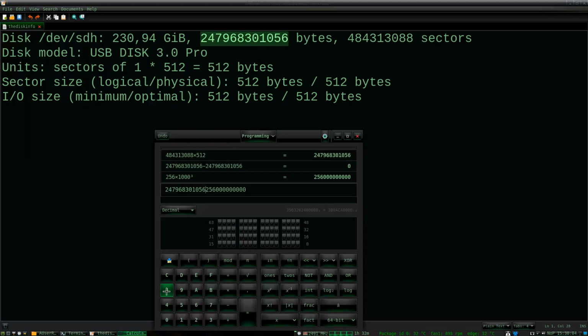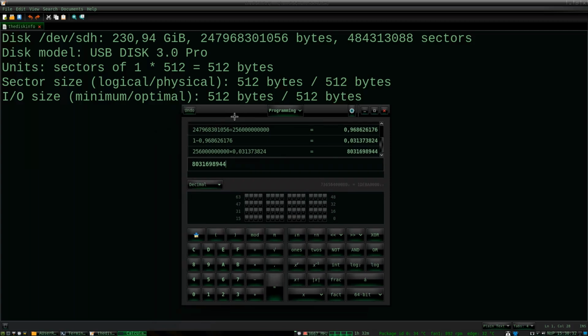So if I divide that by that, somehow as much as 3.1% of the disk is for redundancy purposes. That's still a pretty big number, and I'd like to know about that if that was the case. That's 8 gigabytes missing. I'm missing 8 gigabytes from my USB stick.